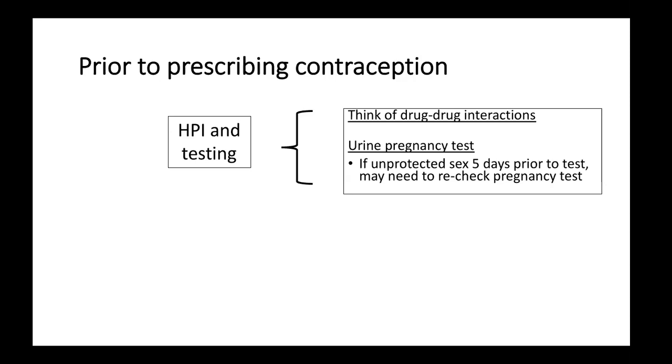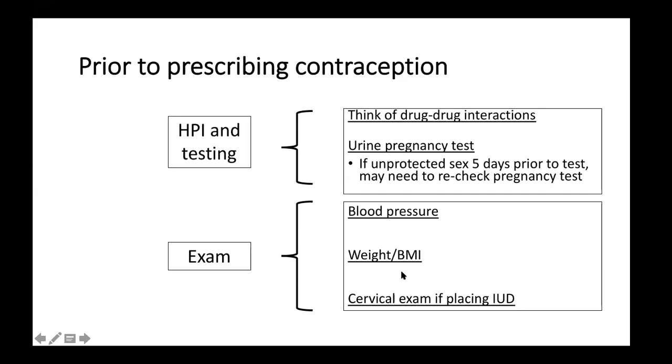And then also important to try to make sure that the patient is not pregnant. Usually it's a pretty reliable history, but if they've had unprotected sex 5 days prior to the day of the visit, then we may need to recheck a pregnancy test maybe in a week or so, just to make sure that we're not missing a pregnancy as well. And then in terms of exam, there isn't really anything specific.